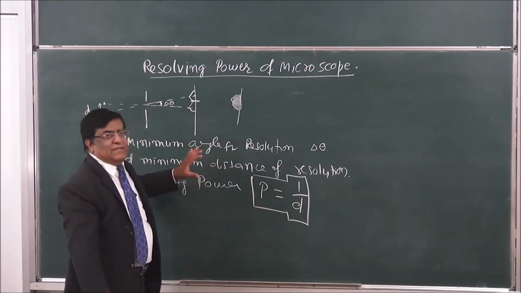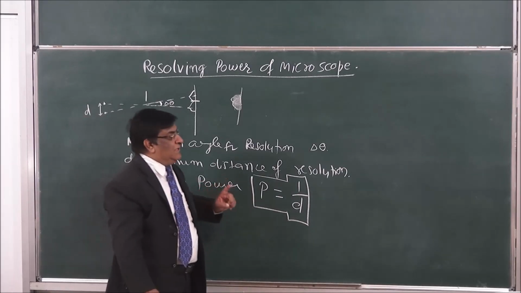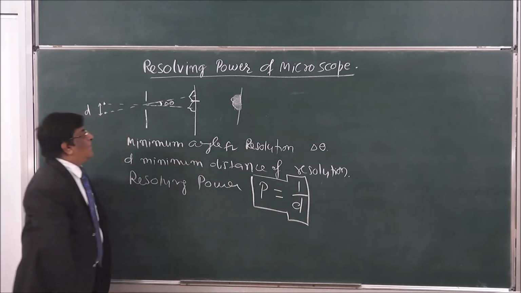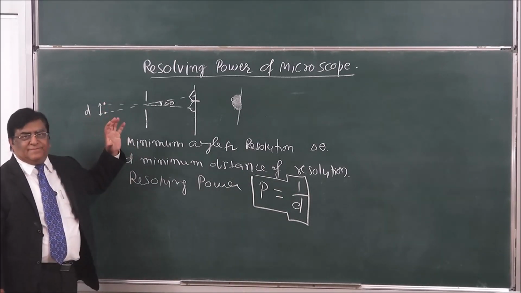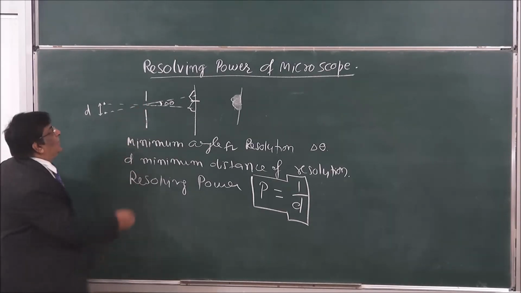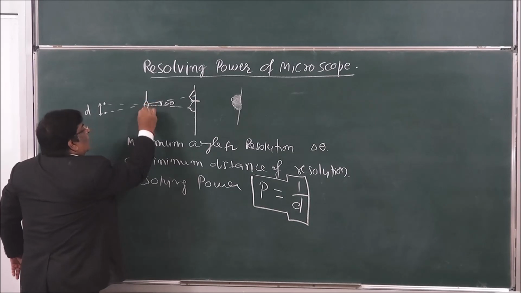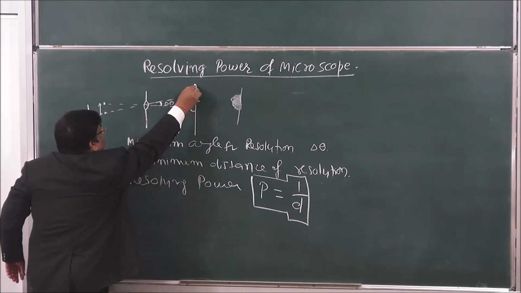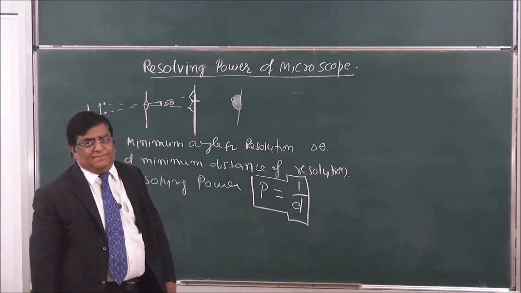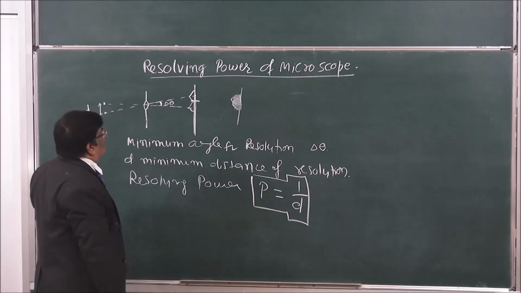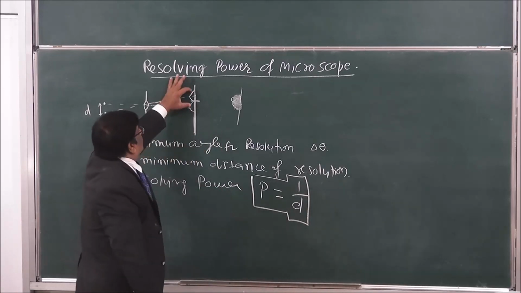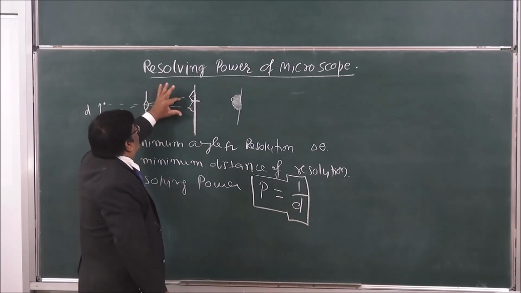Okay, with all these things, we would like to see a microscope. In case of a microscope, here I place the object to be seen. This is the opening. In the opening we have fitted a lens which we call the objective lens, and this is the screen where we form the image, wherever the image is formed. Okay, so we also know a formula for this, that how much this distance should be.